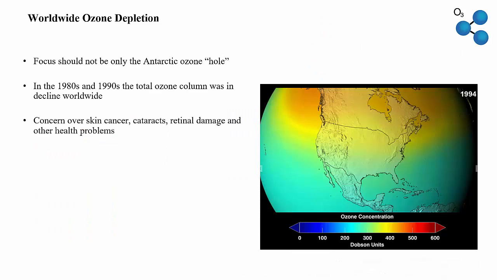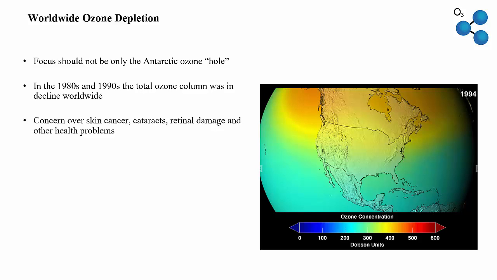Next, I'd like to talk about worldwide ozone depletion. Everyone talks about the Antarctic ozone hole because it's such a dramatic visual illustration of stratospheric ozone depletion. But it's important to remember that the ozone depleting substances that we saw on the previous slide are causing the ozone column to decrease worldwide.